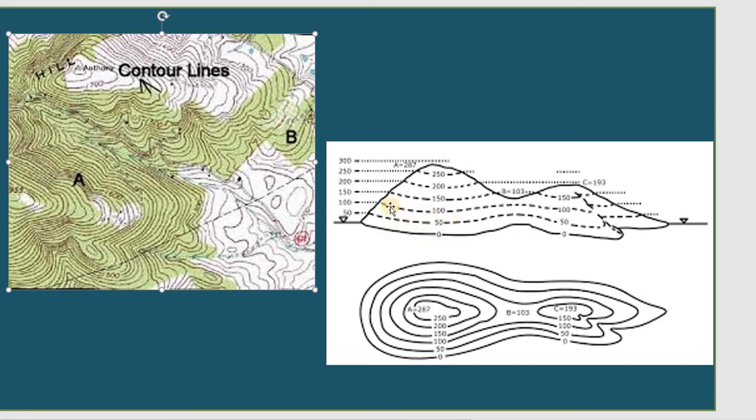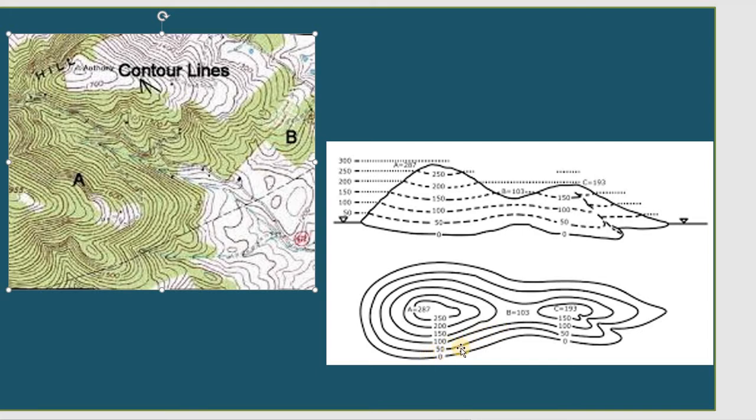If you have another elevation, for example 150 feet, and one line right here is 150 feet, then the contour lines show many lines like this. Every point on a line has the same elevation, and the number shown lets you see how high that point is.